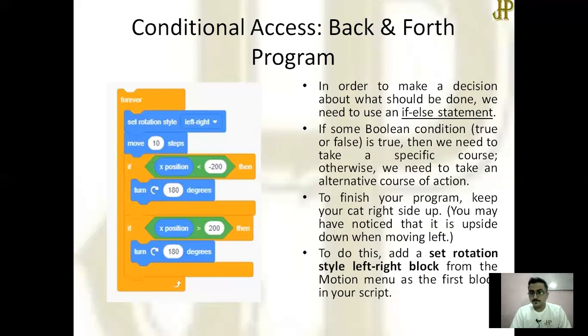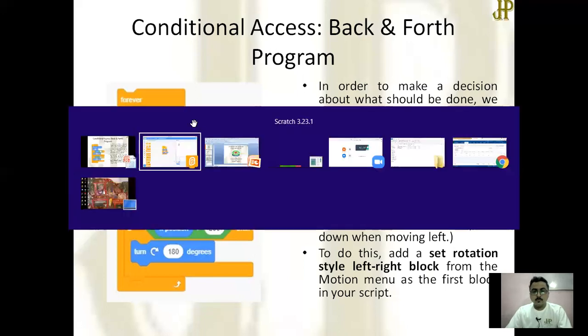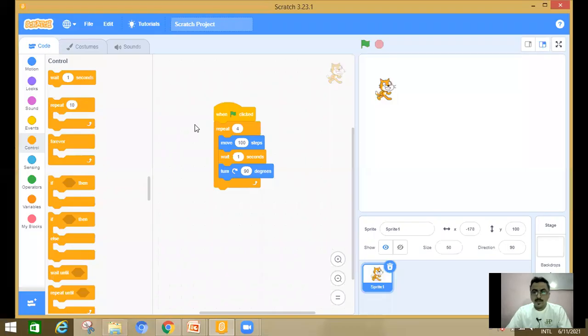Clear? Now, here what I have done, set rotation style left, right. I am going to design a program where the cat is moving forward and then backward.